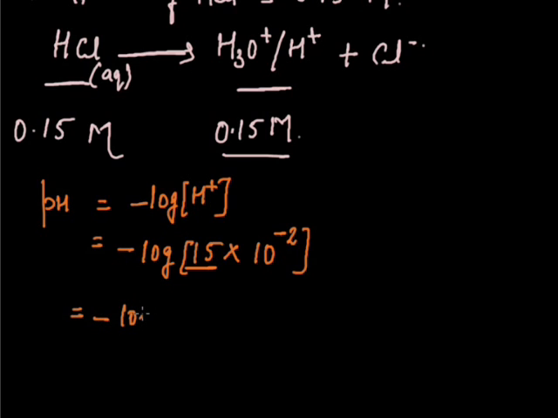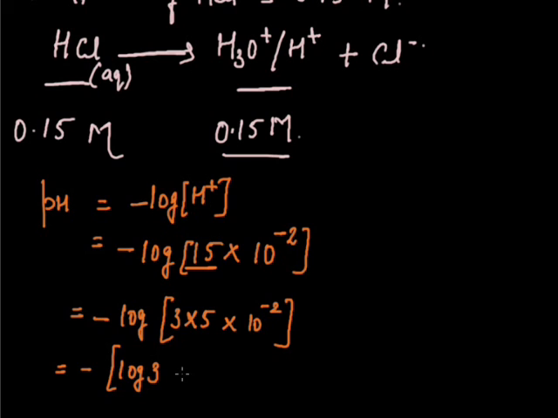So we can split it: minus log of 3 multiplied by 5 multiplied by 10 raised to power minus 2, which is minus of log 3 plus log 5 plus log 10 raised to power minus 2.